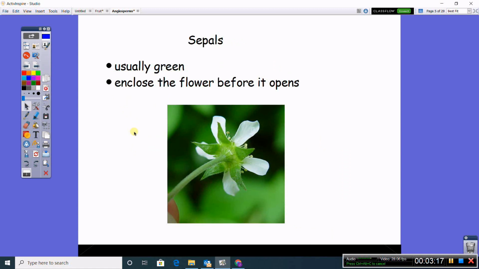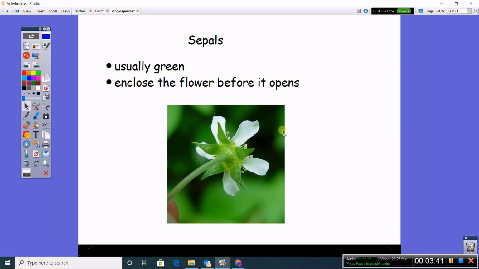Okay, so sepals are usually green, and they enclose the flower before it opens. So obviously the white things in this picture are the petals, but the green are the sepals. And not every flower has sepals. That's just something that certain flowers have and some don't.